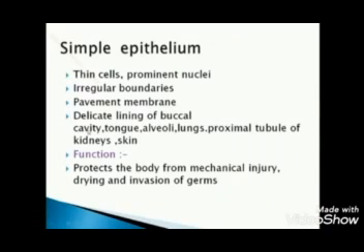The squamous epithelium is made up of thin flat cells with a prominent nucleus. These cells have irregular boundaries and bind with the neighboring cells. The squamous epithelium is also known as pavement epithelium, which forms the delicate lining of the buccal cavity, alveoli, lungs, proximal tubule of kidneys and covering the skin and the tongue.